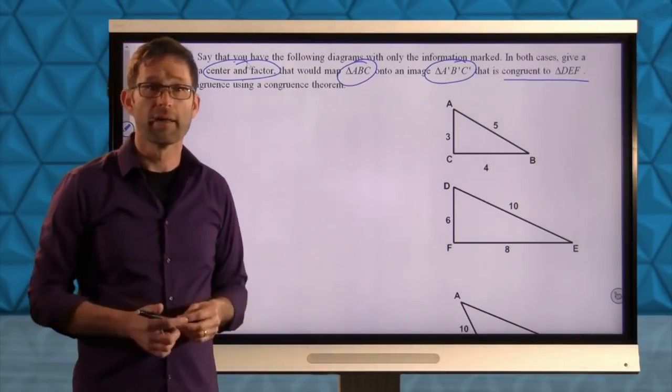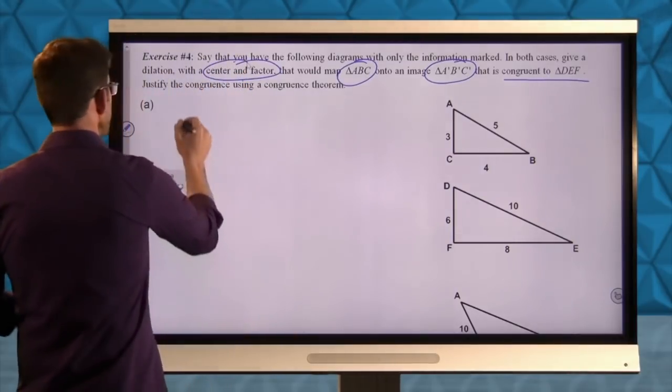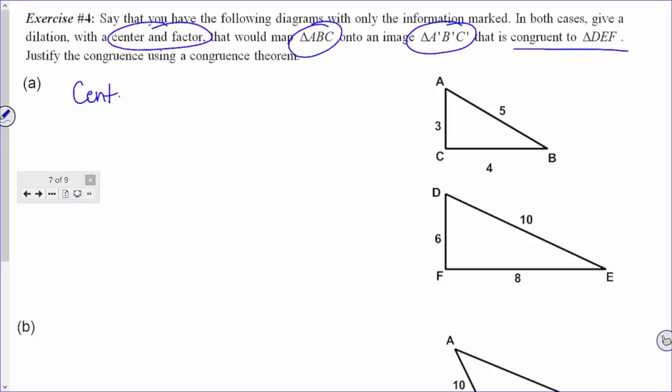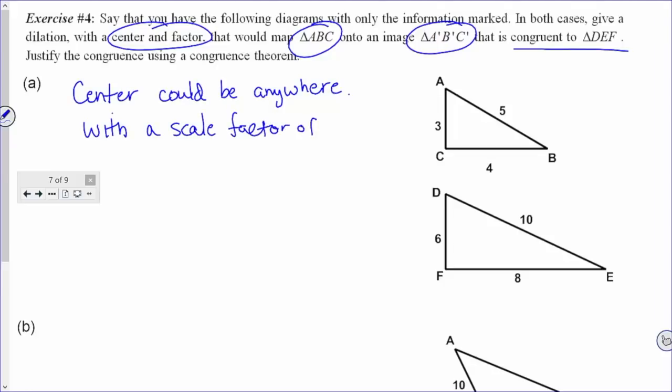All right, well, let's talk about it. First, the center could be anywhere. It could be absolutely anywhere. All right, that doesn't matter. With a scale factor of k equals, well, 2, right?